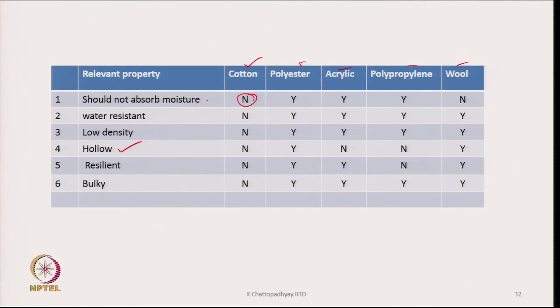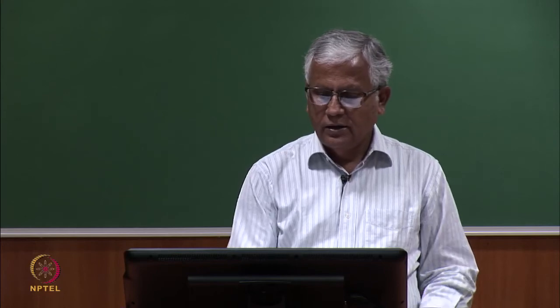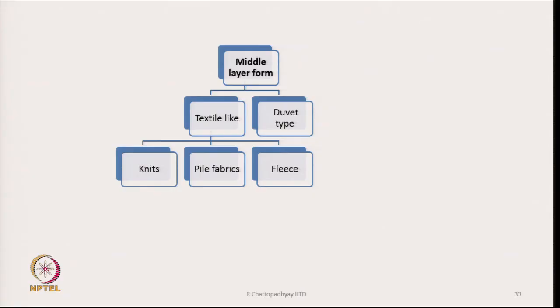Wool is also hollow in nature, and that is why wool also gives a lot of warmth. There is a medulla, and where it is hollow, the air is there. So, hollow polyester can also be very helpful. Cotton cannot be chosen, but other fibers can be chosen for this layer, and the middle layer could be textile-like or duvet type.